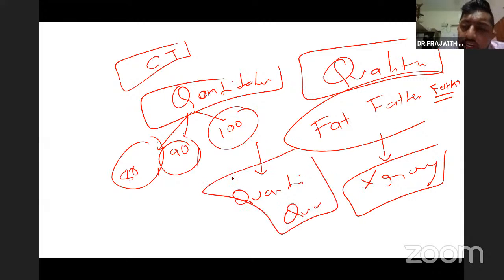Qualitative is anything which can differentiate things. Whereas when I can tell how much is the difference based on a particular value, it can give a numerical representation. Now we call it a quantitative study.